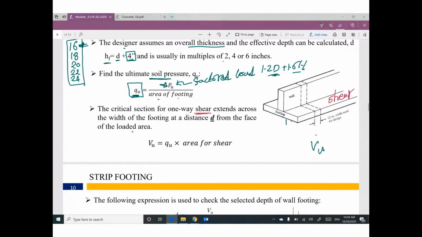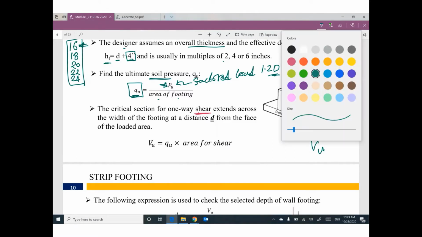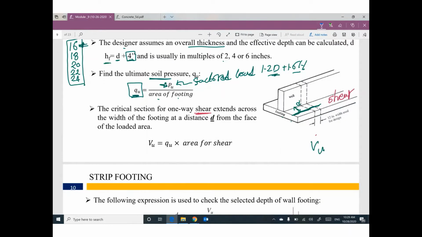Guys, at distance D from the face of the wall, I have critical section here for shear. I can expect failure of shear in this footing. Under the footing, we have Q ultimate, which is called ultimate soil pressure.